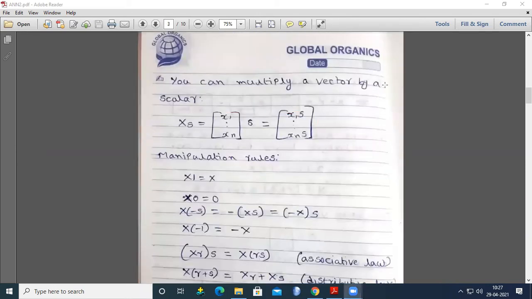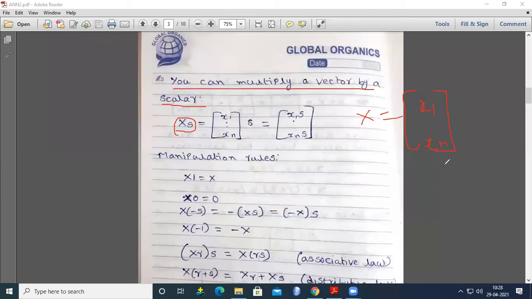You can multiply a vector by a scalar s. So x equals x1 to xn, and here you multiply by s.